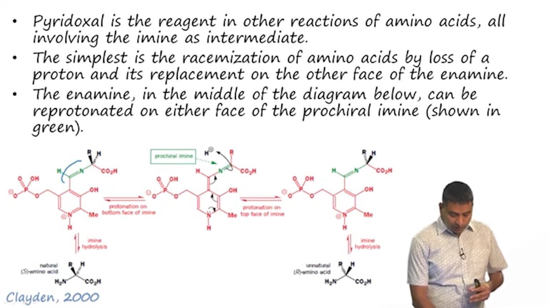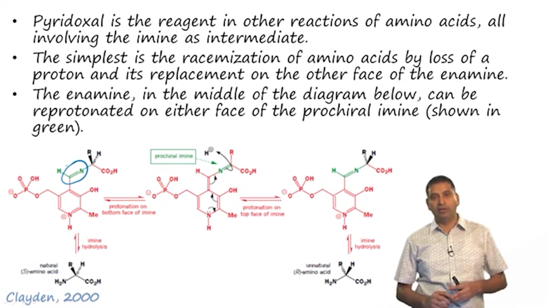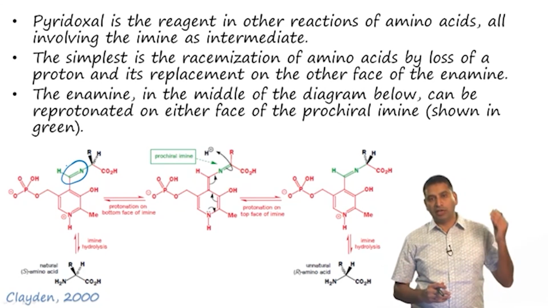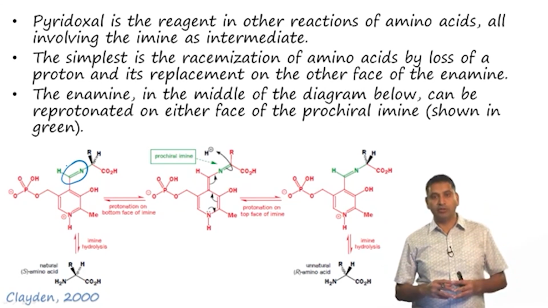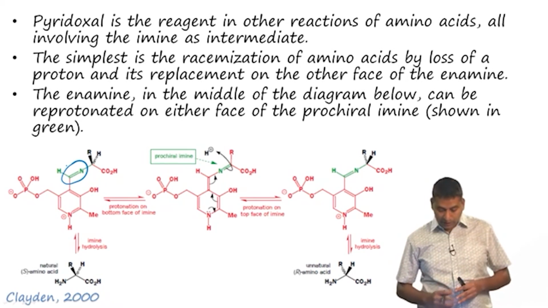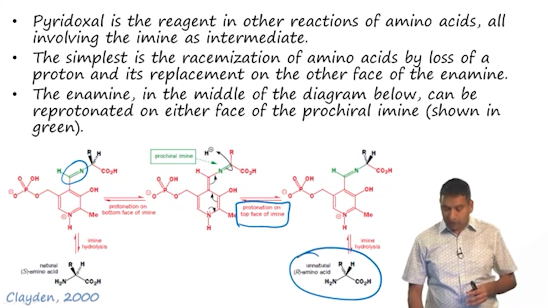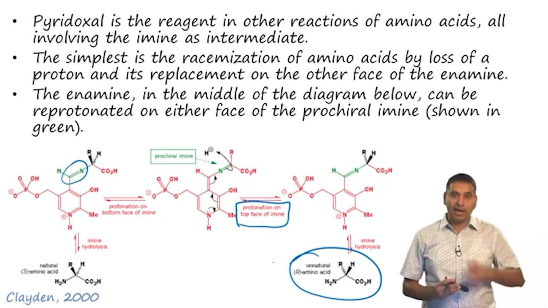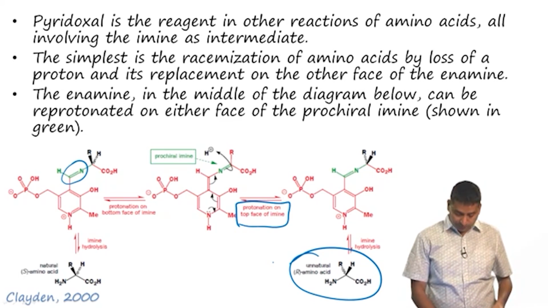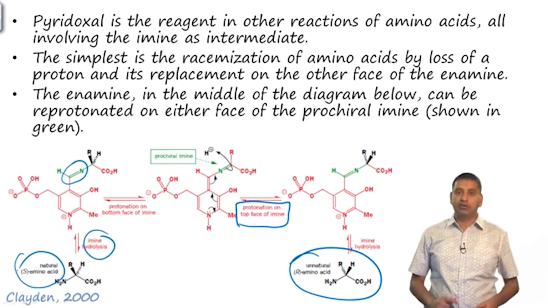So, here is the enamine that we are considering, and this is actually going to be a prochiral imine, and the proton can react with this from the top face or the bottom face, so you can consider two different enantiomers of the amino acid being formed, right.